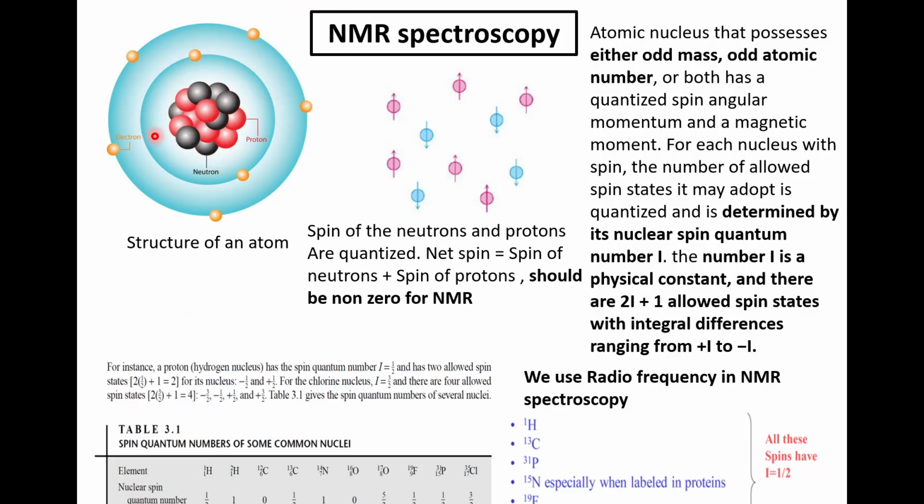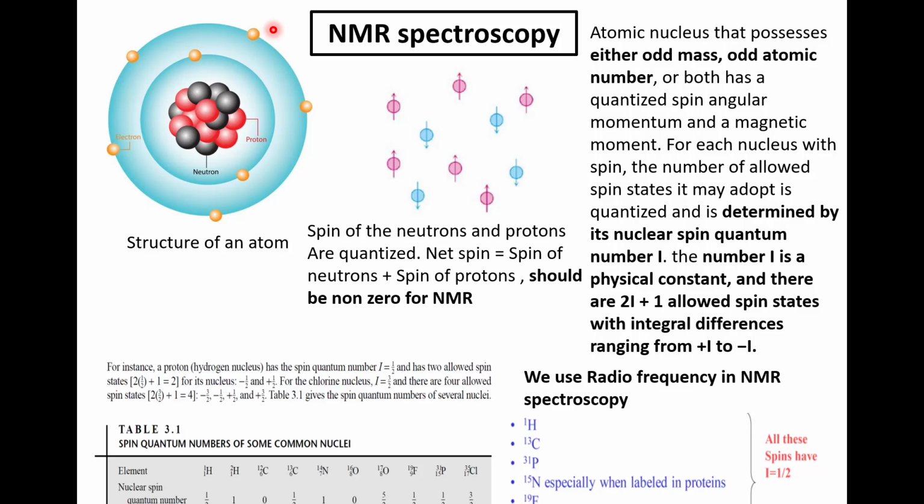Now, each atom can be defined by its four quantum numbers, and one of the quantum numbers is the spin quantum number. Every proton and neutron inside this nucleus has a spin quantum number associated with it. Normally we know the spin can be plus half or minus half, right?